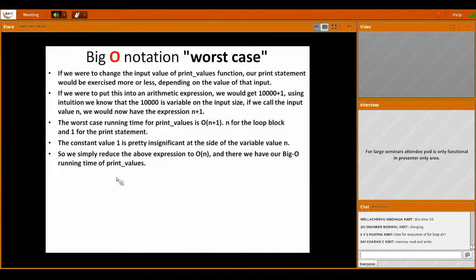Now, there were several factors: the printing, the memory read, the memory write, the assignment of the variable constantly changing as the loop is getting executed. Of all these considerations, the most significant factor is the loop.